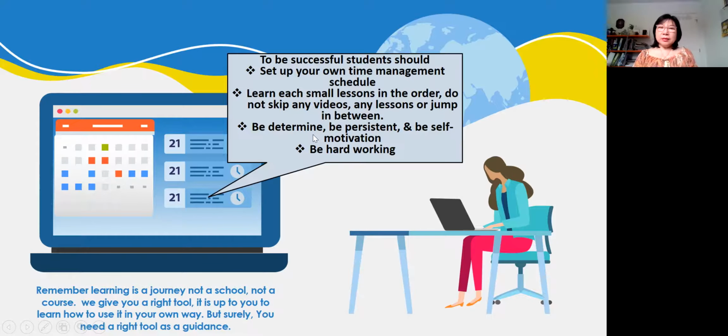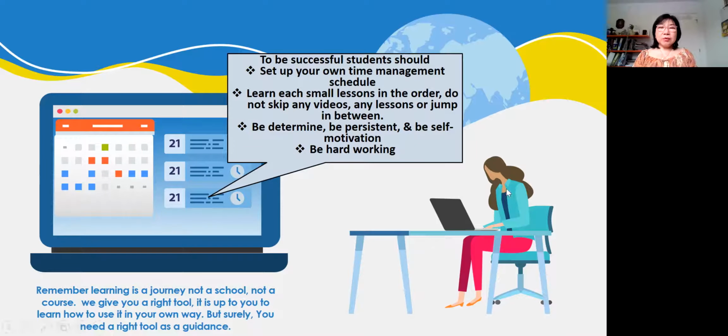Be determined. Anytime we want to achieve something, to be honest with you, if we want to complete the course, it's an academic course, it requires a minimum effort, as a part of your own. We give you the tools. Teacher can give you the tools.